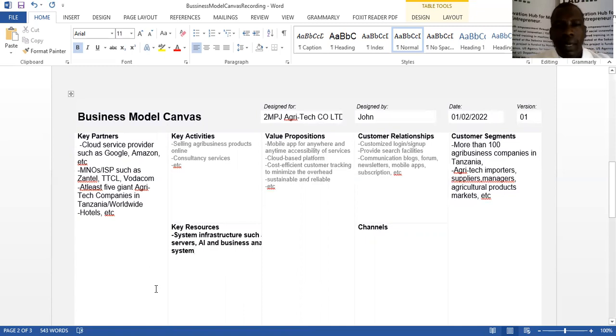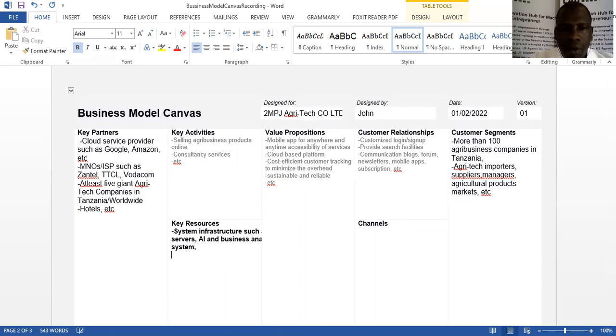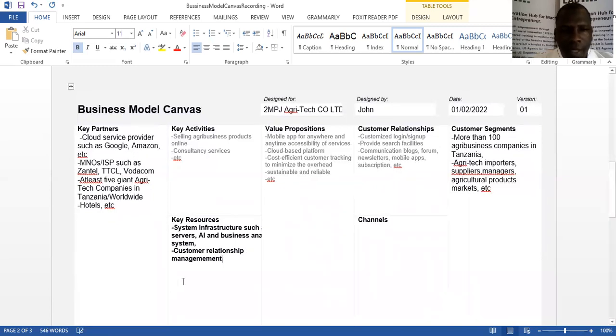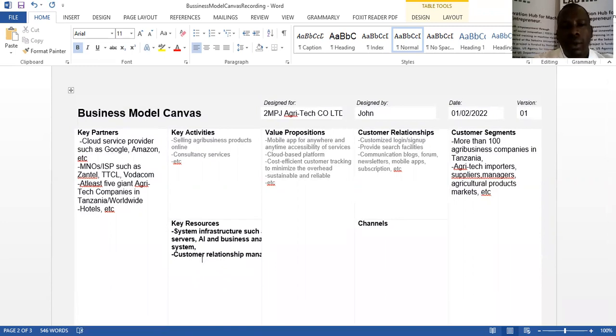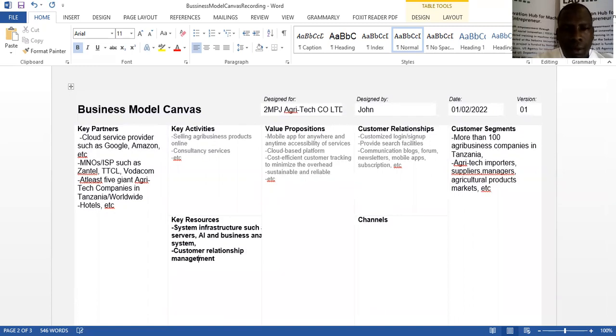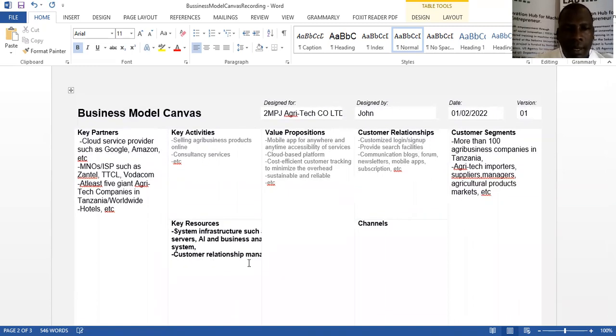But also we could need something like customer relationship management software, so that we can be able to track our customers.